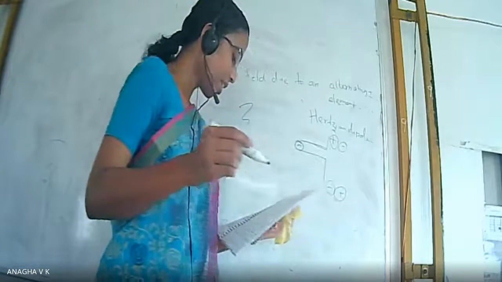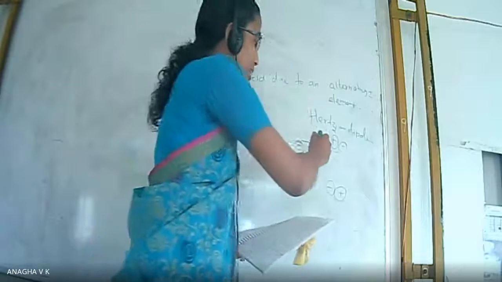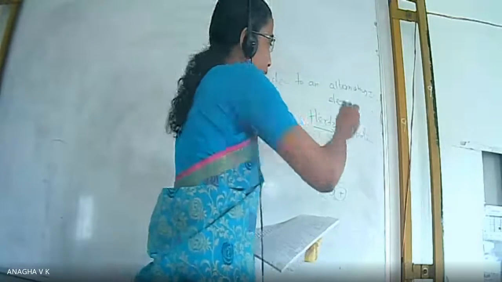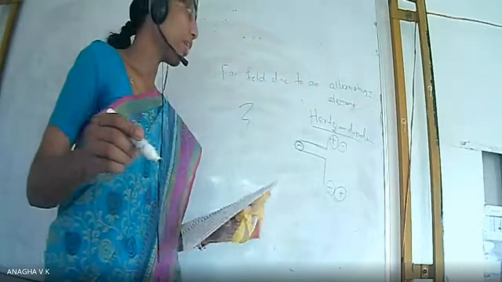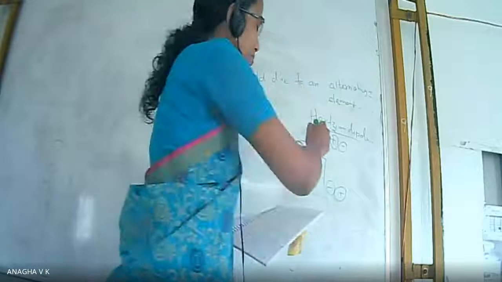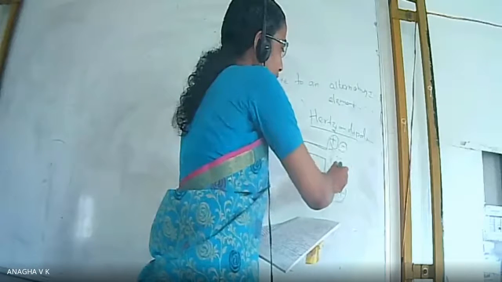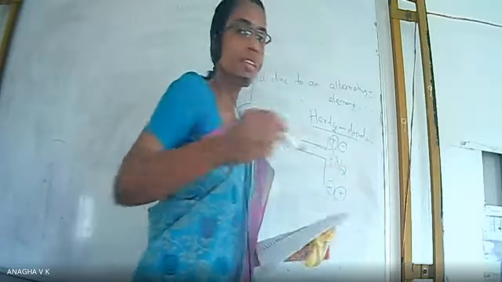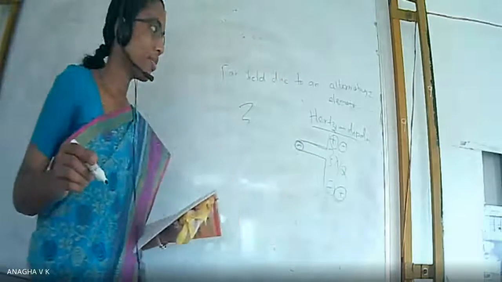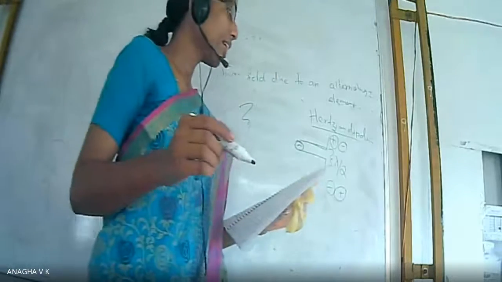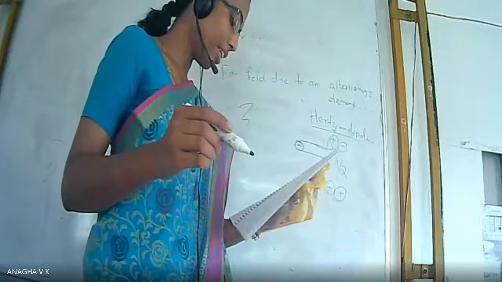So what is the thing in Hertzian dipole? In a Hertzian dipole, the separation between the conductors is half of the wavelength.